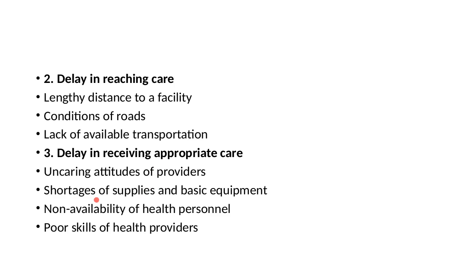Then number 2 is shortages of supplies and basic equipment. If we don't have enough supplies in terms of drugs, in terms of equipment to help you during delivery, this can also delay receiving appropriate care because maybe one labor ward is sharing with another labor ward.